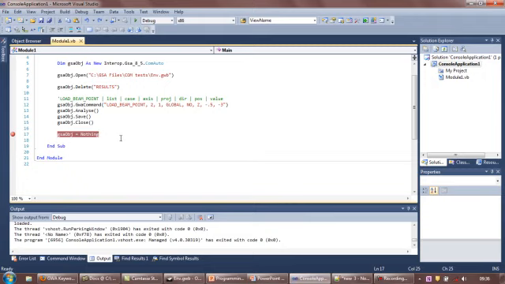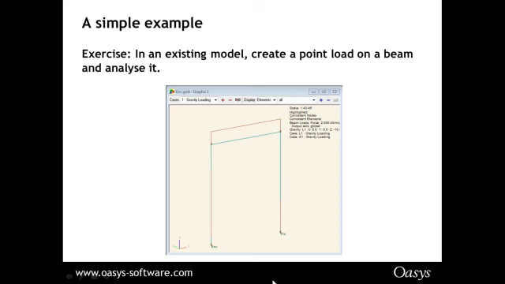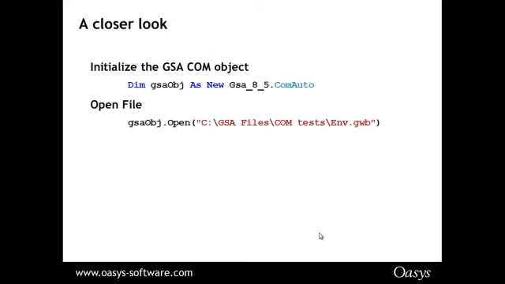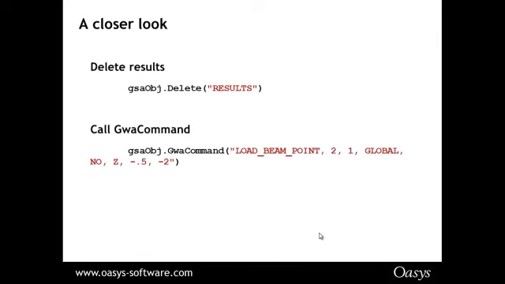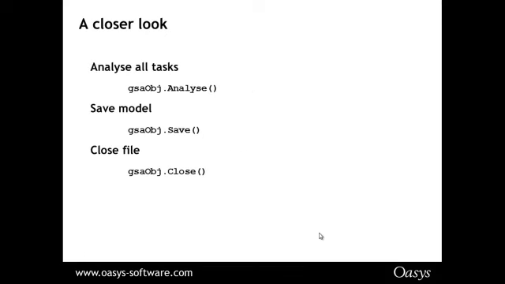So that's all that's needed to achieve that fairly simple task, I must say. But that was to demonstrate that getting started with writing a COM program is quite simple. All you need to know is a basic set of commands, and then you can build from there.